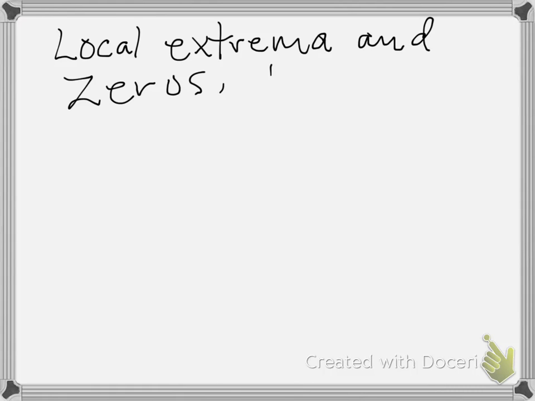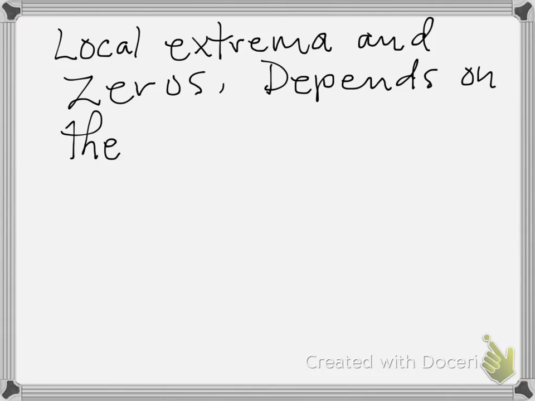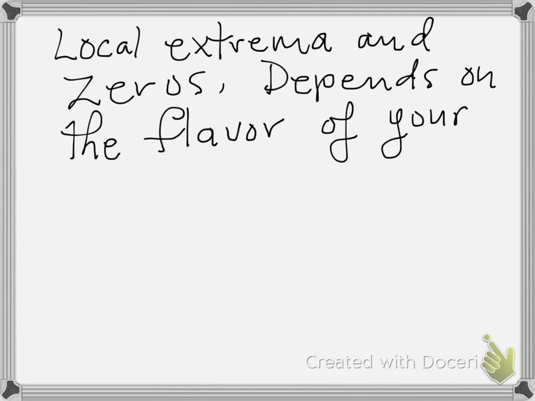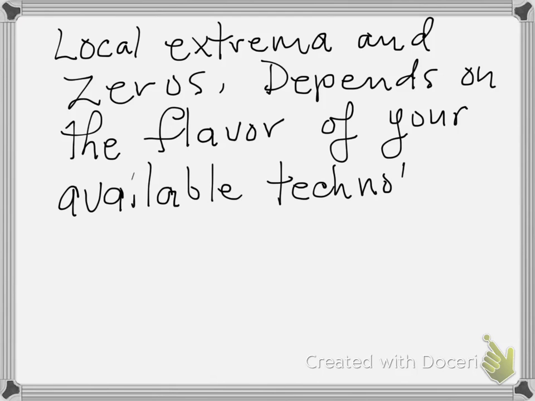So using the technology allows you to find the local extrema and zeros, but it depends on the flavor of your technology. Our cache units that we use in class, yes, we can do any of that and a whole bunch of other stuff that we haven't even talked about yet. If you have an 84 or something, I don't know how to run those things, so you're on your own there. You might be able to do it. That's up to you.